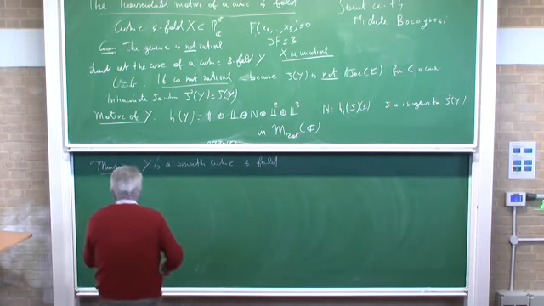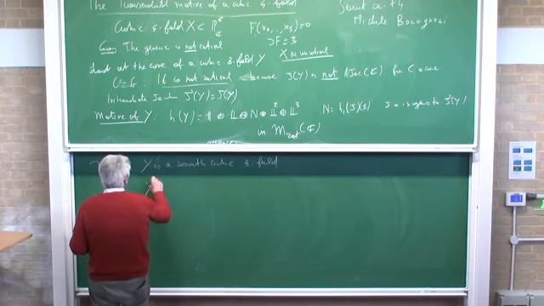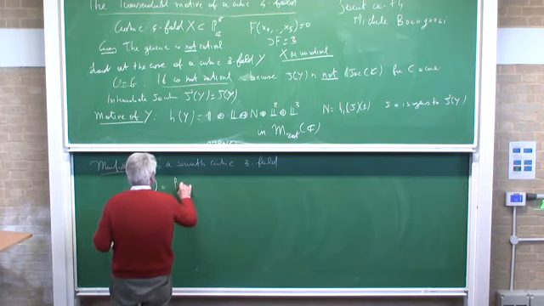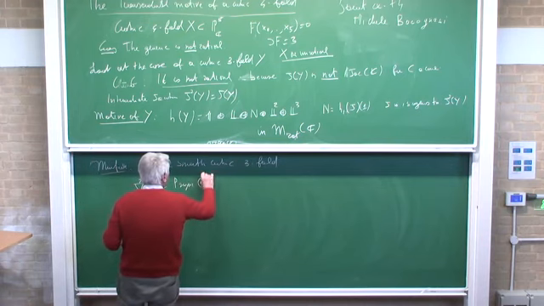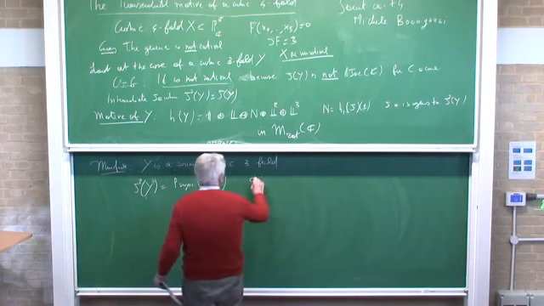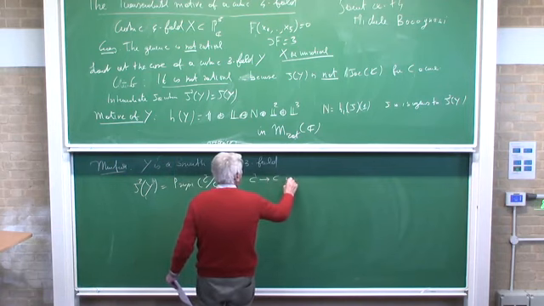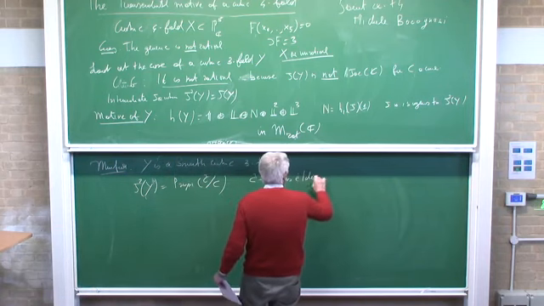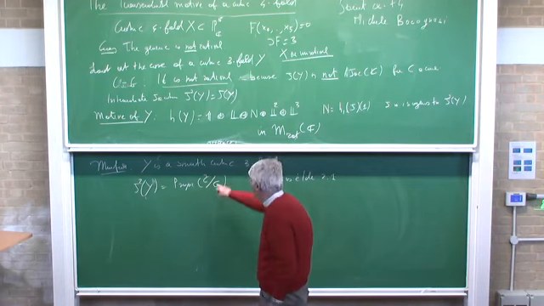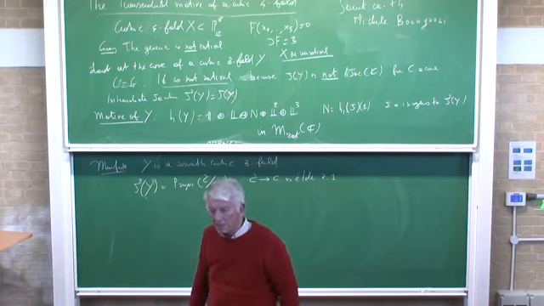So what he shows is that J2 of Y is the Prym of an étale cover, and I'll tell you what exactly it means.